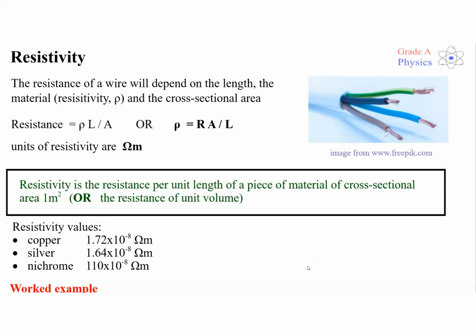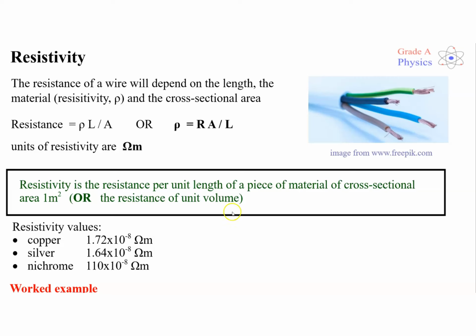We need to know the definition, and the definition is based on this relationship here. So the resistivity is equal to the resistance per unit length, R over L, if we have unit cross-sectional area, or cross-sectional area of 1 meter squared. So that's our standard definition: the resistance per unit length of a material with a cross-sectional area of 1 meter squared.